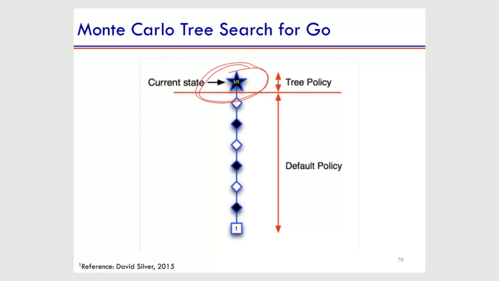What do I mean by that? Let's say we are at a current state, which is this star here. So let's do one execution, randomly. At this point, we don't know anything, so we just do something random. Maybe in this case, somehow we lucked out, we won, and so 1 out of 1 is the score, for now.